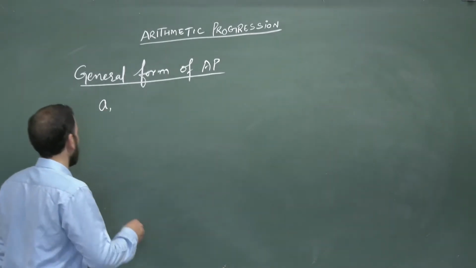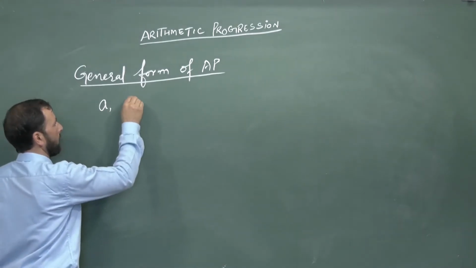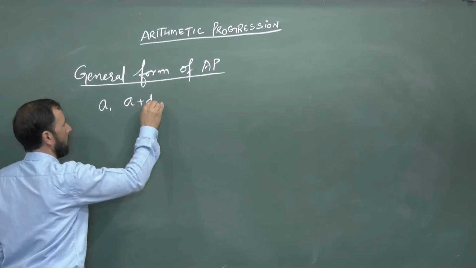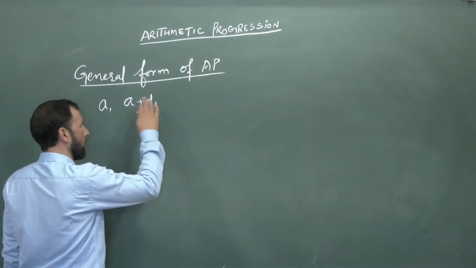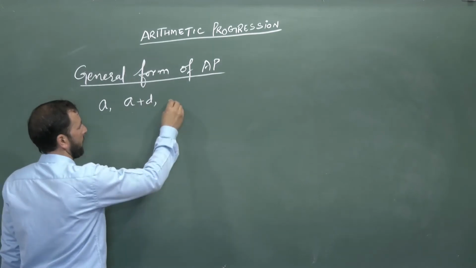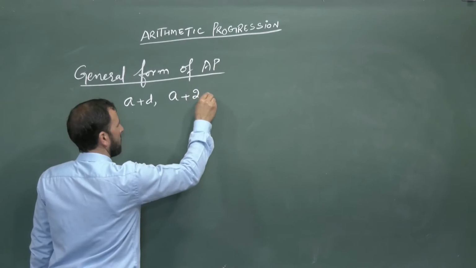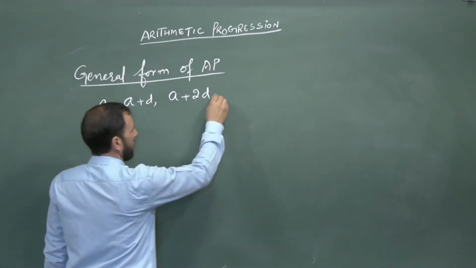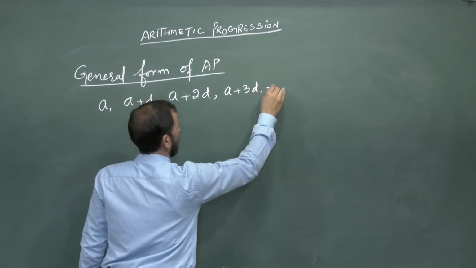So here the fixed number is the common difference, that is D. So if we add D to the preceding term, that means A, we get the second term, A plus D. Now if we add D to this preceding term, A plus D, we get A plus D plus D, that is A plus 2D. The next one is A plus 3D and so on.